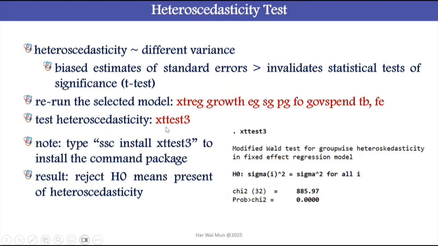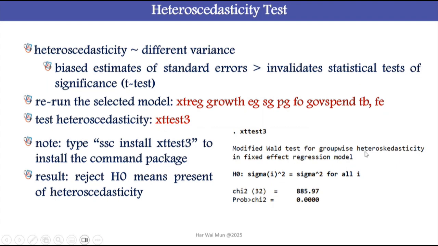If you run xttest3 and cannot run it, it is because you don't have this command package. You have to do ssc install xttest3 first. Of course, you need an internet connection. Some of the tests you don't have, so you just have to install them first. It's still free. So testing xttest3, you come out with this result.